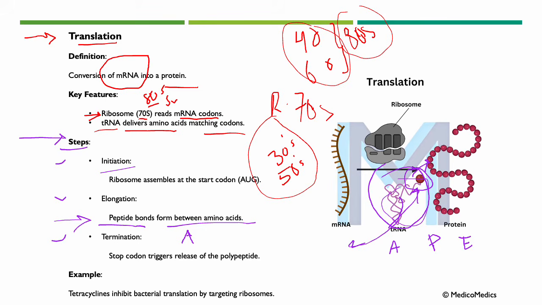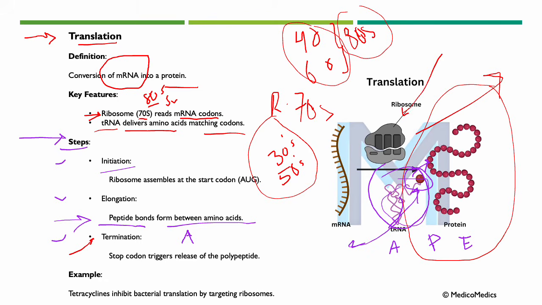Then we arrive at the termination. This is when a stop codon is reached. Translation then stops. A release factor binds, causing the polypeptide chain to detach from the ribosome. So when this is completed, now it detaches. And the ribosome then disassembles, and the newly synthesized protein folds into its functional shape.